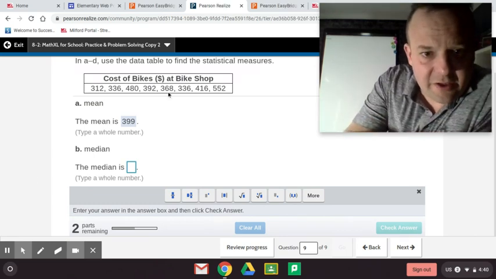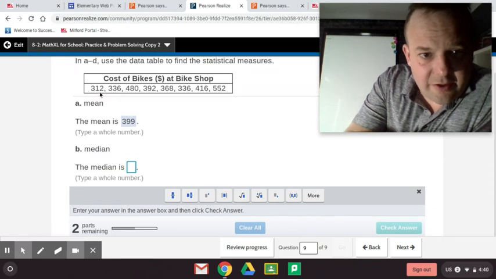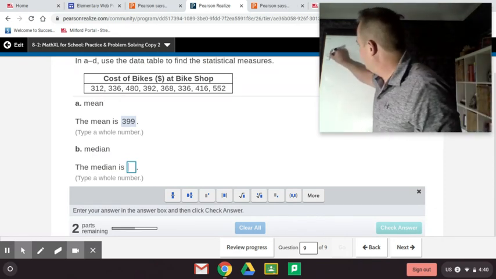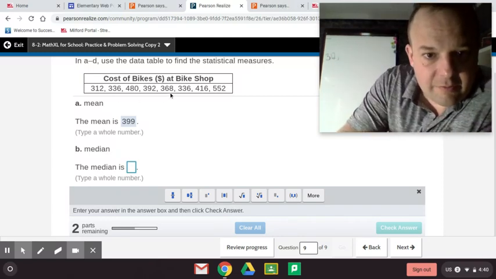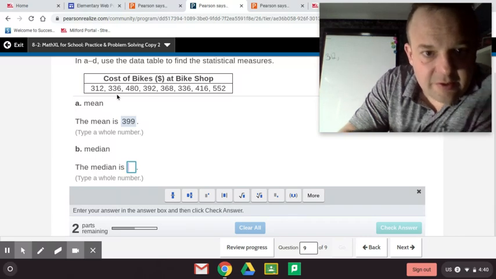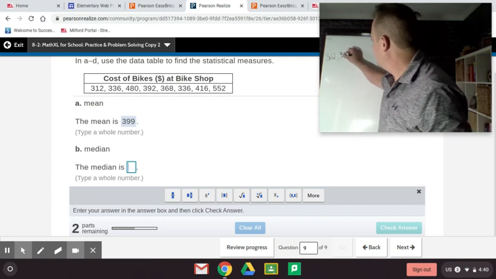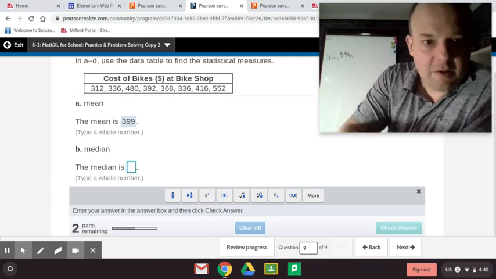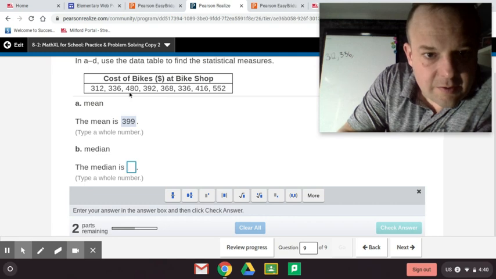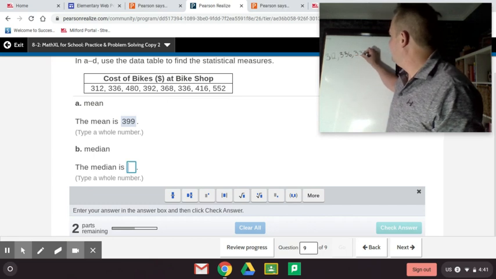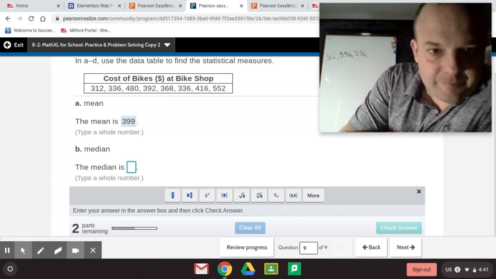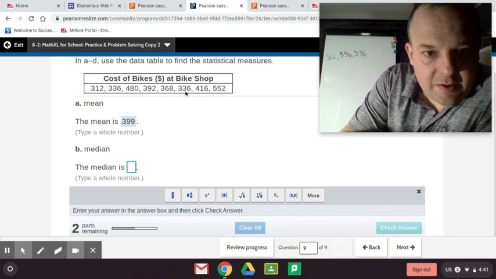The smallest number here is it 312? 336. Oh, another 336. That might be the mode in my case. And then 368.